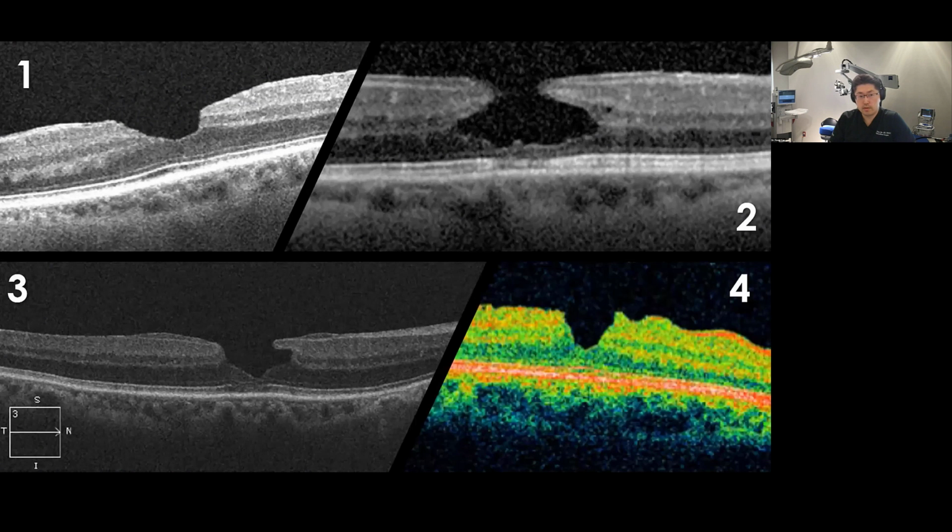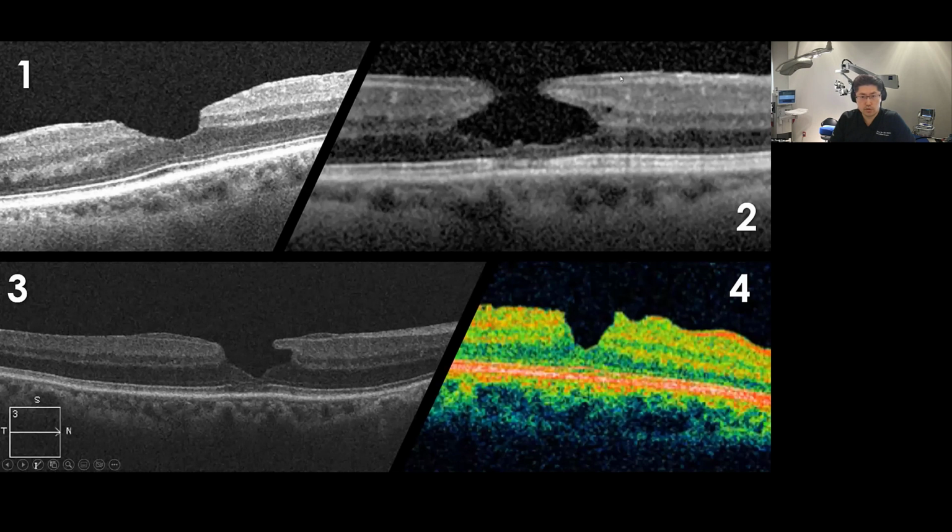So now we look at the different images, and we should be able to differentiate between pseudohole and lamellar hole. In picture number 1, we see this straight edge, like if you're standing on the side of a cliff. This is a pseudomacular hole. In picture number 2, we see this anvil sign associated with this hyperreflective membrane that's very smooth without any corrugation.